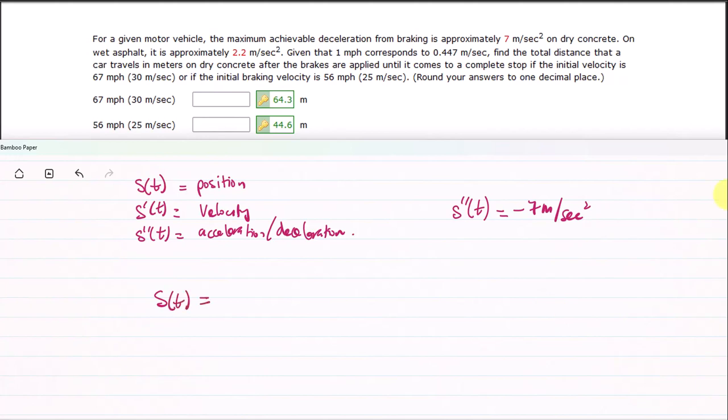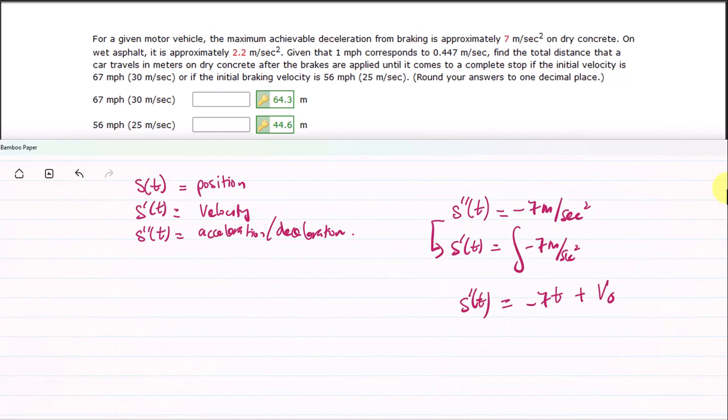To find s of t, first, if you are given the acceleration or deceleration, you can find the velocity by taking the integral of the deceleration. That would be minus 7 times t plus an initial velocity, or a constant. That will be s prime of t.